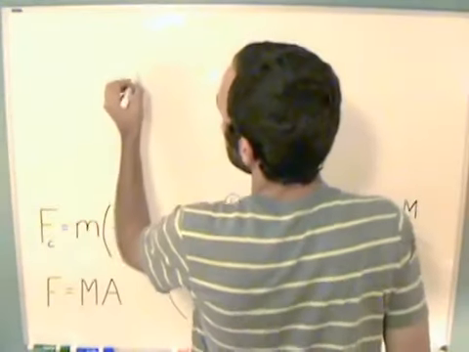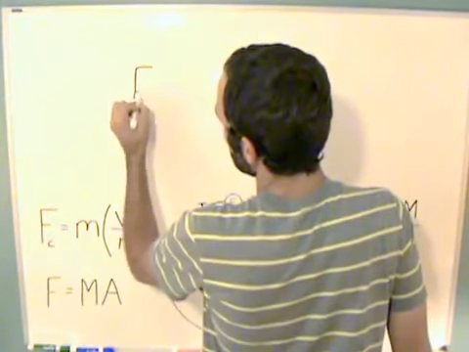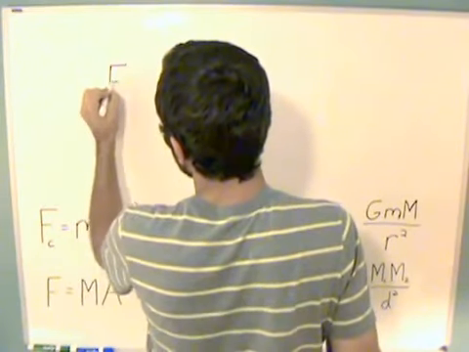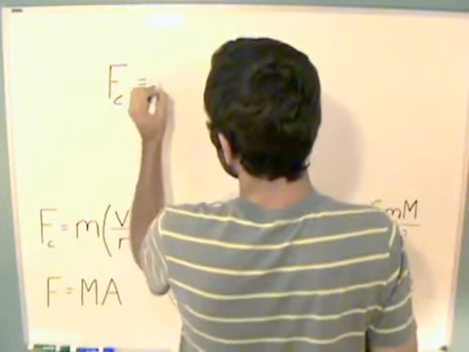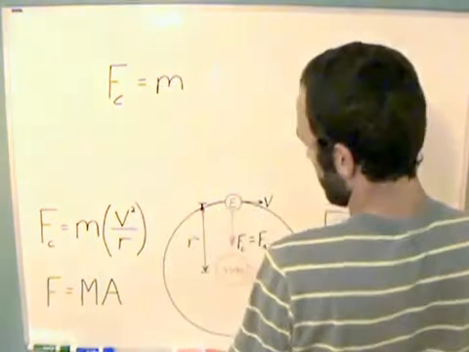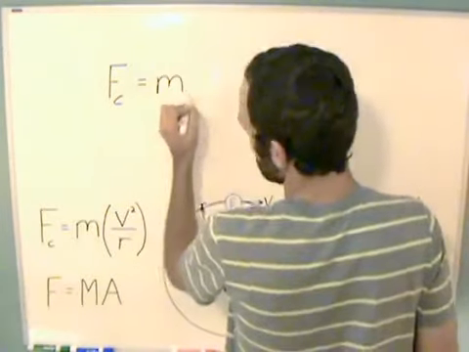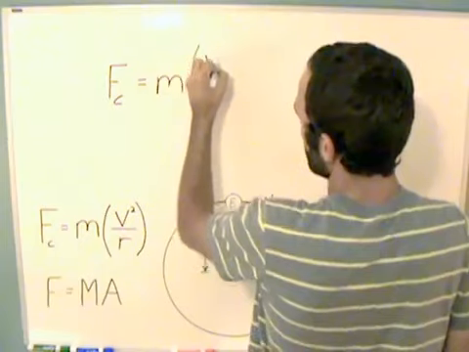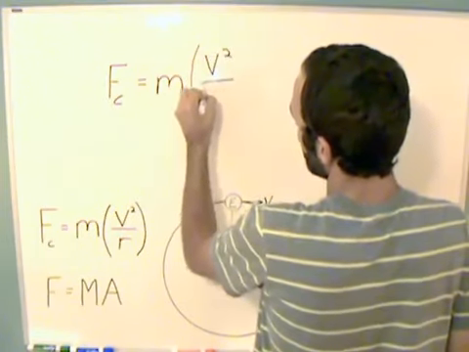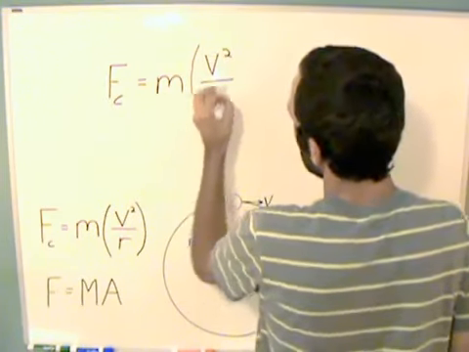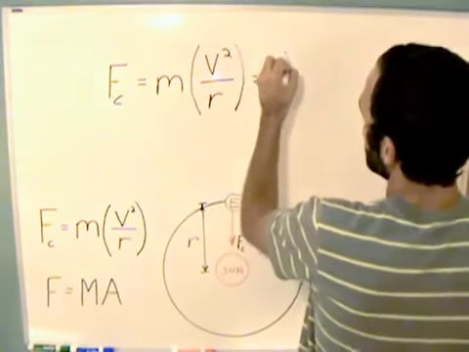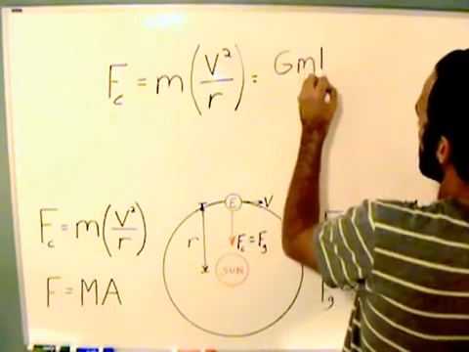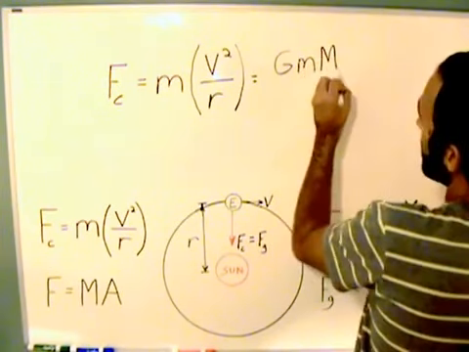You say the centripetal force Fc is equal to the mass of the object orbiting the Sun, which we still have as the Earth here, or Jupiter, or Mars, or whatever you want it to be, times the velocity of that planet, or wandering star, divided by the distance from the Sun, r, is equal to the gravitational constant times the little m, which is the mass of Jupiter or Mars or Earth or whatever, times big M, which is the mass of the Sun.